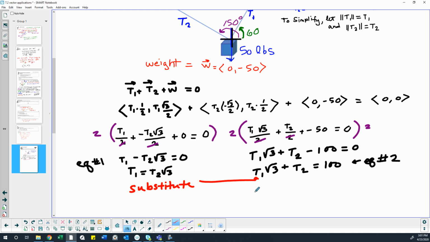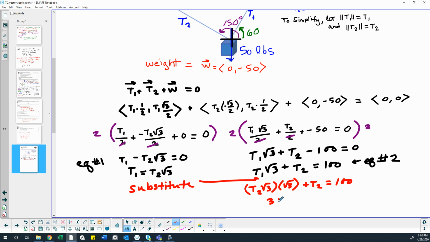All right, so I'm going to say that t1 is t2 square root 3. So I'm substituting that in times square root 3. And then we're adding t2 to that, and together those add up to 100. So square root of 3 times square root of 3 is 3.